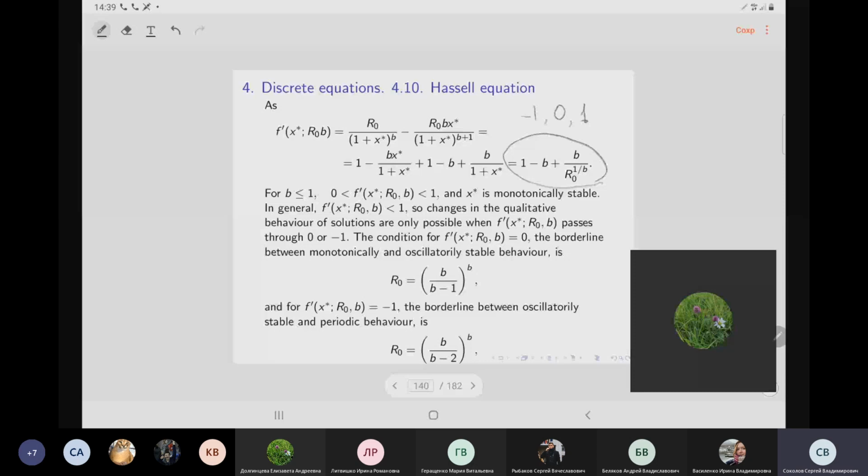So if b is less than 1, we can conclude that f prime is from 0 to 1, and the non-trivial equilibrium is monotonically stable.